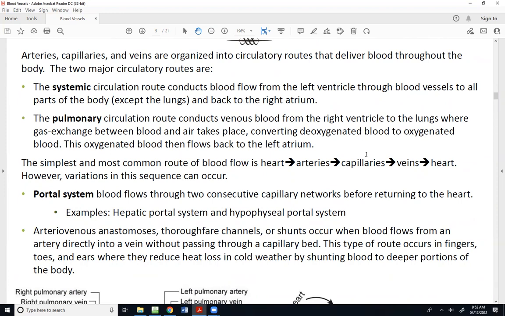Whereas the pulmonary route conducts venous blood from the right ventricle to the lungs, and that involves those pulmonary arteries that carry the deoxygenated blood. And then we perform gas exchange inside the lungs where oxygen is pulled into the blood, CO2 is removed from the blood, and then we return that oxygenated blood back to the left atrium to then be pumped out into the systemic circulation.